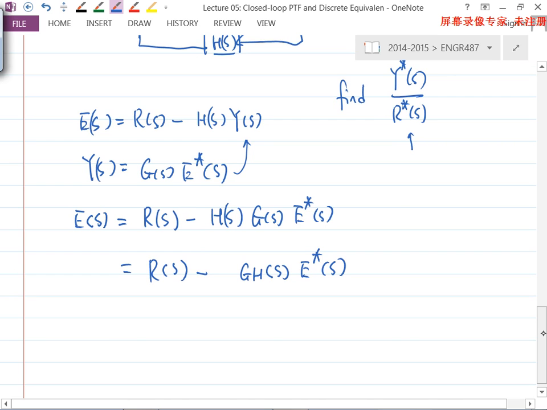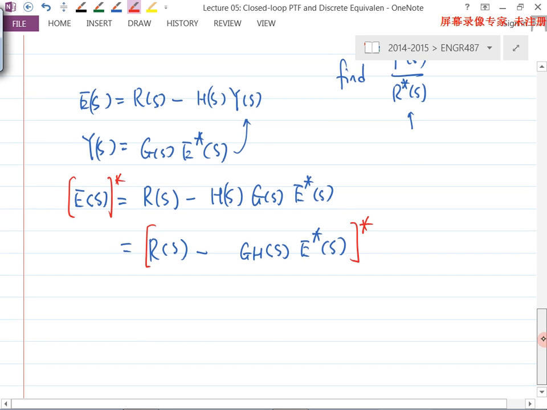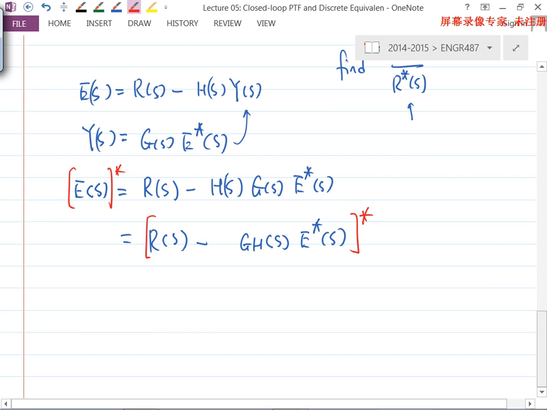Then this expression, E of S equals this. Remember the action: I take the star Laplace transform of both sides of that equation. If we do that, we get E star of S equals R star of S, see, R star of S shows up now, minus GH star of S. Star star is still star, so no change.